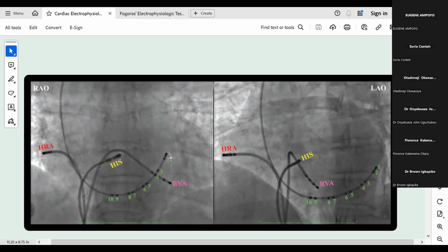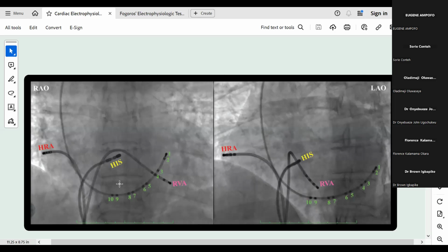You can see 1, 2, 3, 4, and to the end. We've already told you that there's usually a proximal end and a distal end of the catheter. You can see the way they number the His catheter. It simply tells you that your 1, 2 is closer to the left atrium, while your 9, 10 is closer to the right atrium. Hope this is very clear.